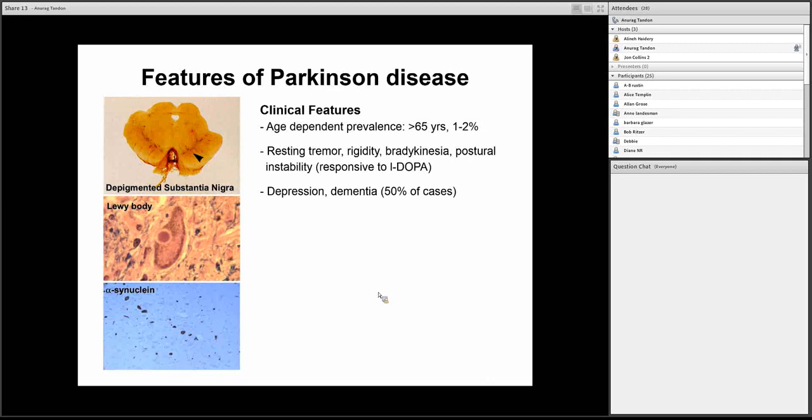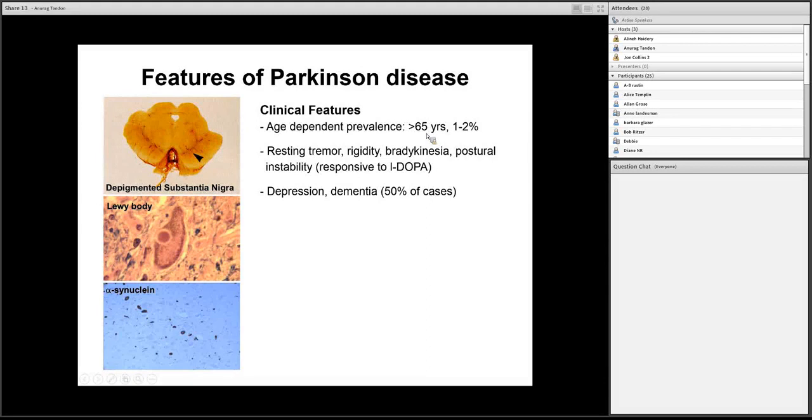First, as you're all aware, the clinical features include age-dependent prevalence. It generally pops up in a population that's older than 65, although there's quite a large incidence of the disease in a younger population. The major movement disorder that it presents with is a resting tremor, rigidity, bradykinesia, and postural instability.